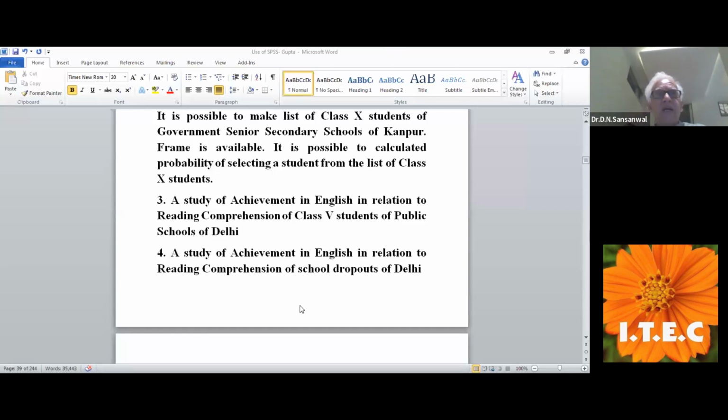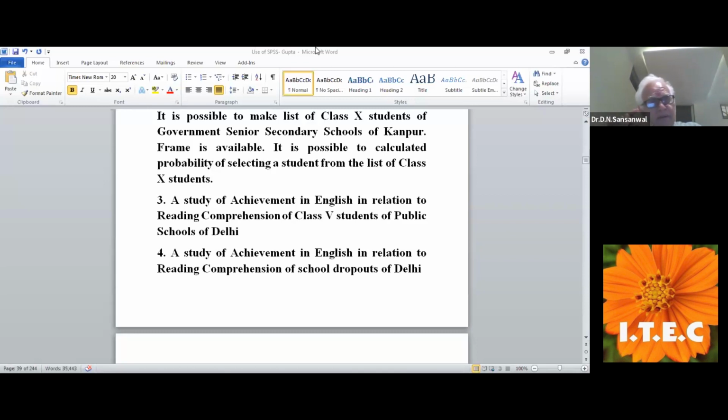Is it difficult or is it easy to find out whether in your research you want to use a non-probability sampling technique or probability sampling technique? So therefore, it's not now very difficult. That is why your title must include the population.